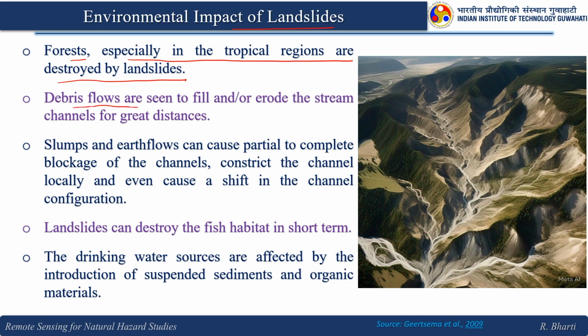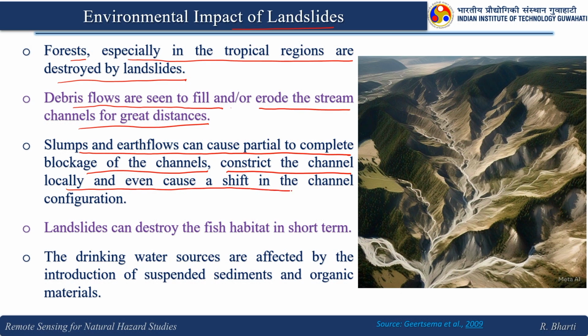Debris flows are seen to fill and or erode the stream channel for greater distances. Slumps and earth flows can cause partial to complete blockage of the channel, constrict the channel locally and even cause a shift in the channel configuration, right.